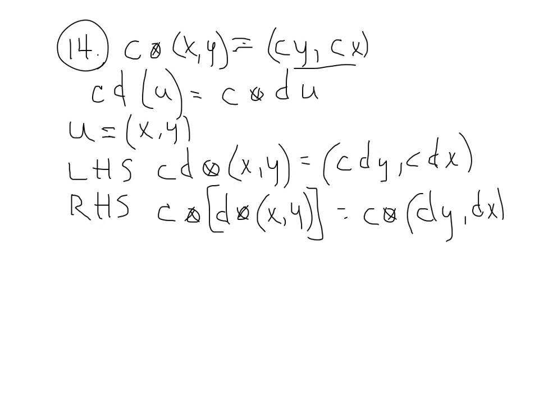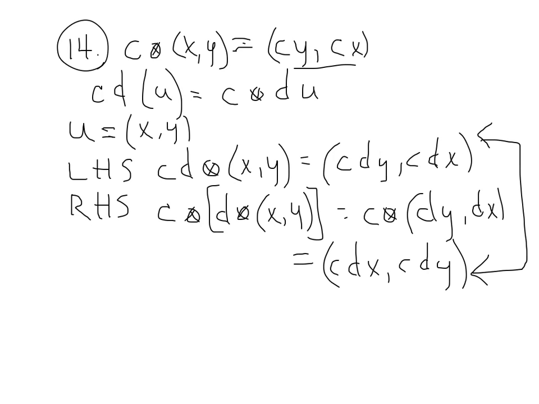So now I still have one calculation to go, so that's equal to c times, but it says when I multiply, I reverse the order. So when I reverse the order this time, I get cdx, cdy. But wait a minute, when I did the left-hand side, I got them in the other order.